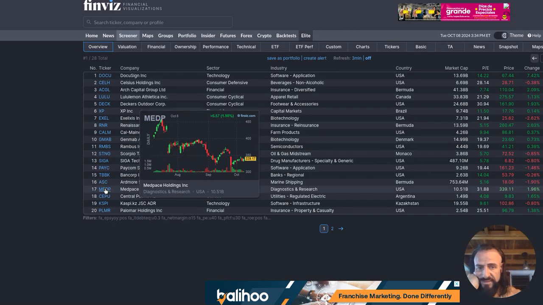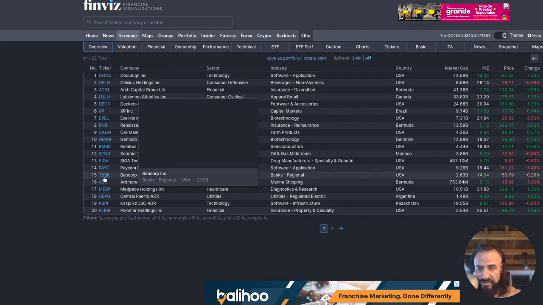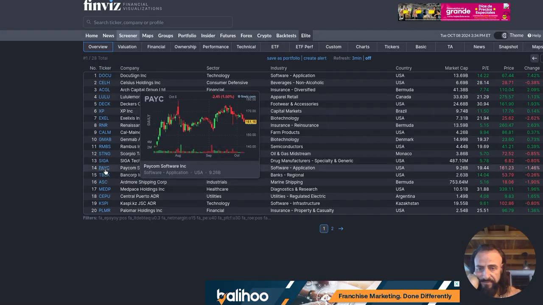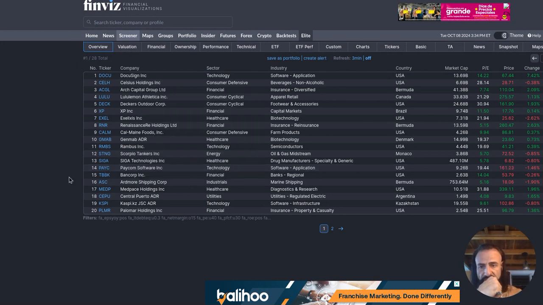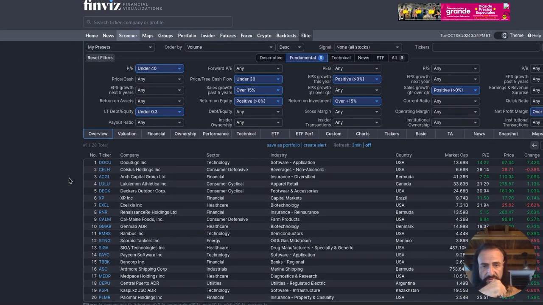Now here you can see the trend as well. It's been said that the trend is your friend. There is also a way to sort it out with technicals.